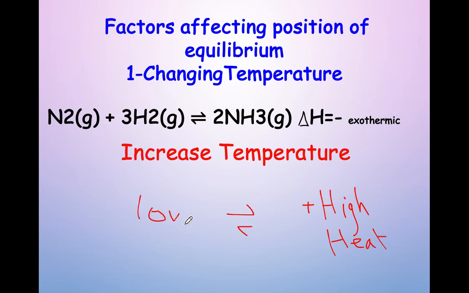So if we increase the temperature, according to Le Chatelier's principle, the reaction will move to oppose the change, so it will go to the low temperature. Increasing temperature moves the reaction to which side?